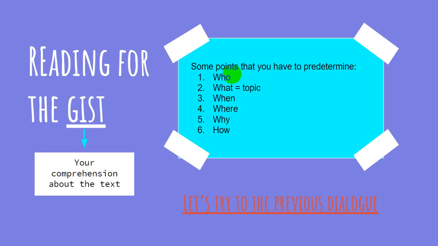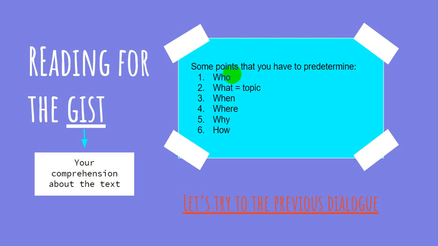And then where, it can be in the office, it can be in the canteen, okay? And then why must that dialogue happen? Because Mindy needs advice from her friend, namely Tony. And then how to buy that car, and maybe you can read that one again, okay?